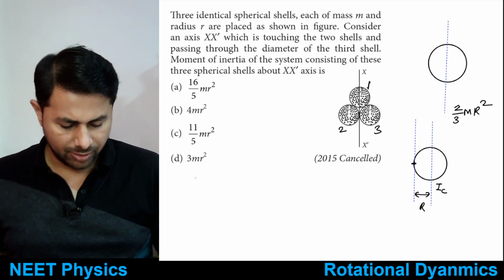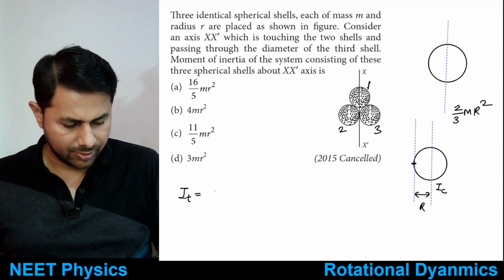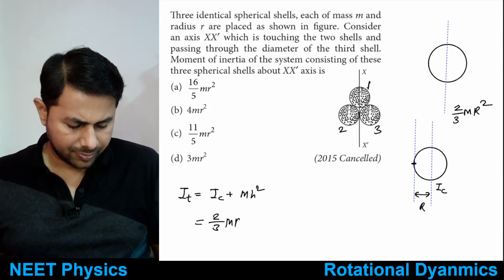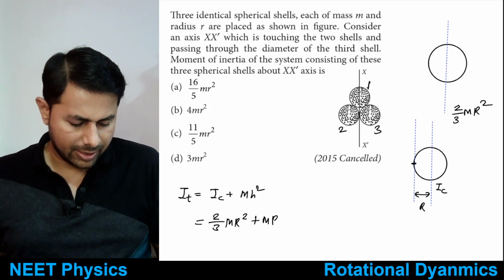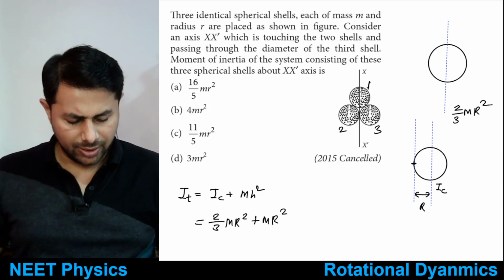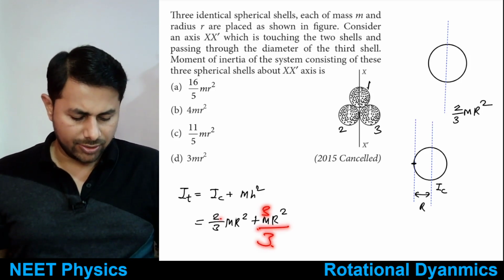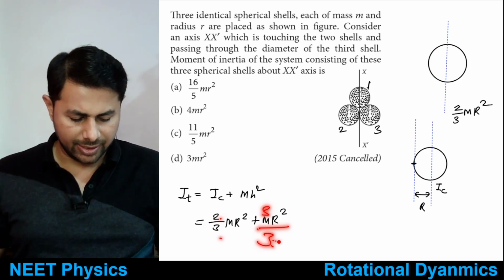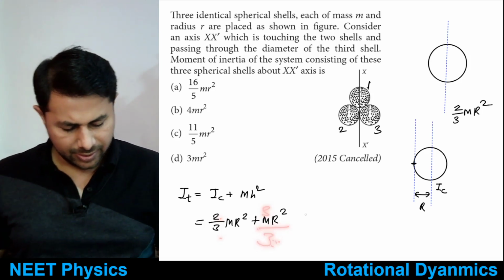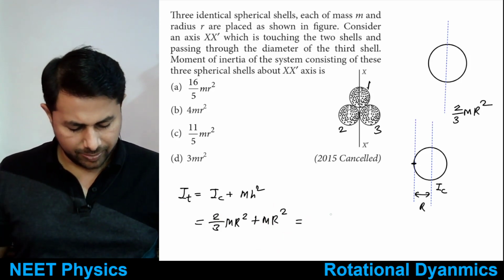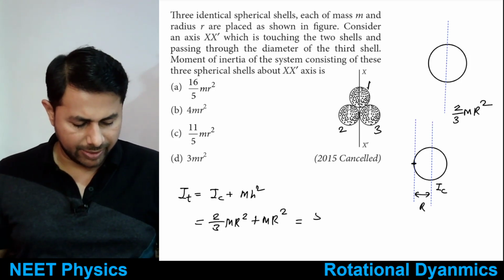So IC plus mh square: 2/3 mr square plus mr square. Okay, so this can be 3/3 mr square. So 2/3 mr square plus 3/3 mr square, means 5/3 mr square.